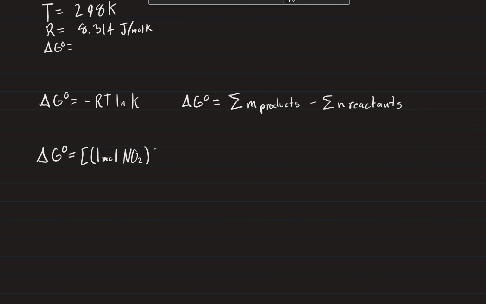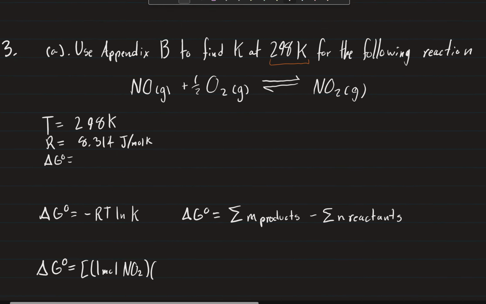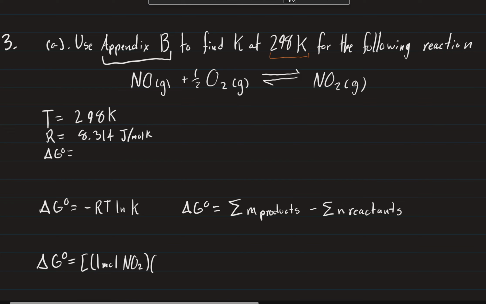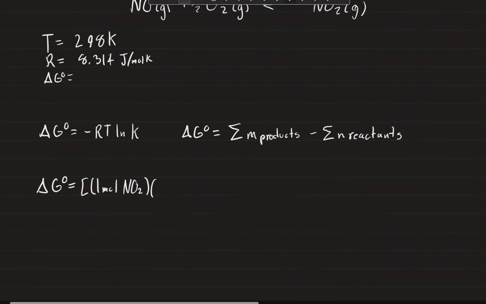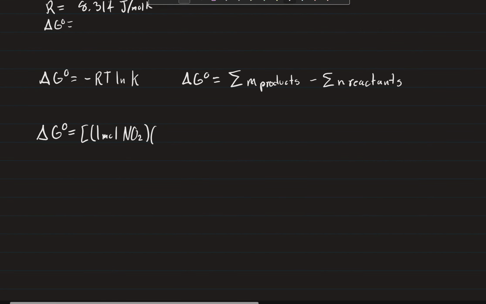Again, we find our delta G at standard conditions using Appendix B in the book, or you can also look up these numbers, but they are provided. According to the textbook, this number is 51 kilojoules per mole. That's everything on the product side.